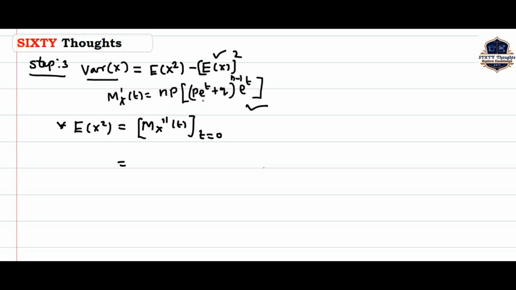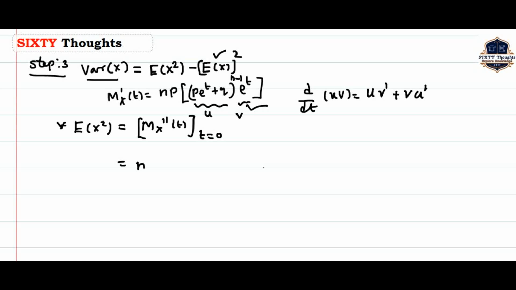Here also t is there, here also t is there. I am going to apply the product rule. You consider this is u, this is v. What is d by dt of uv formula? u into v dash plus v into u dash. So using the product rule, I am going to differentiate with respect to t once again.